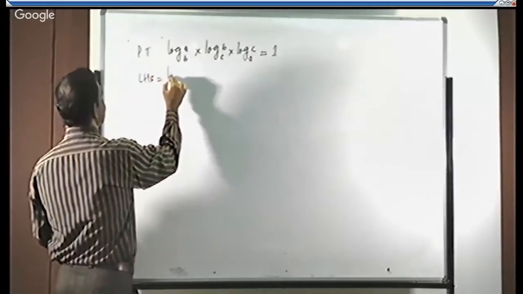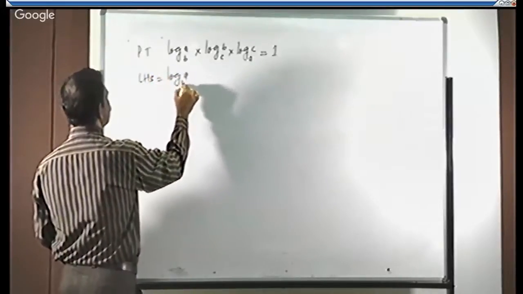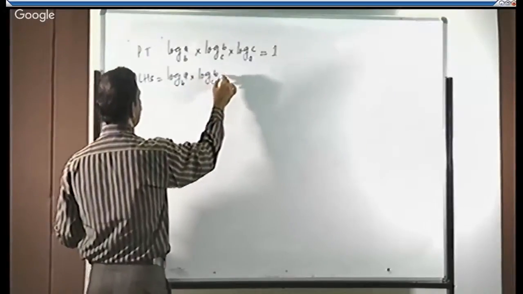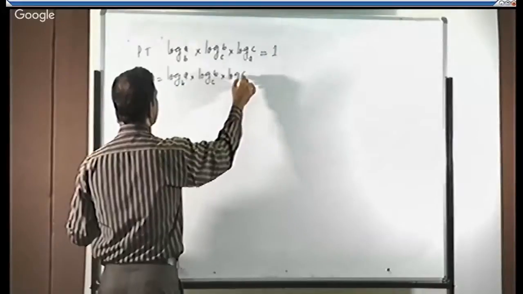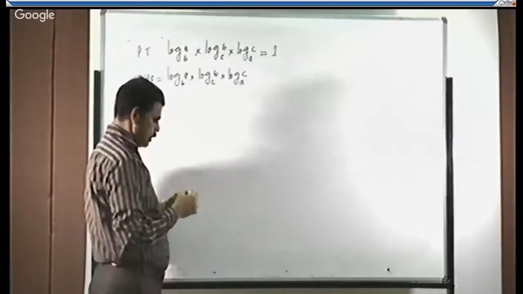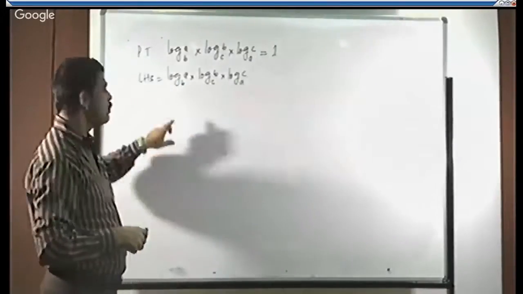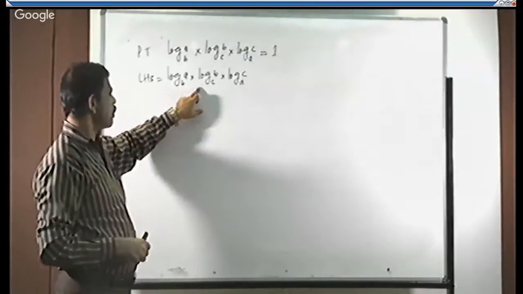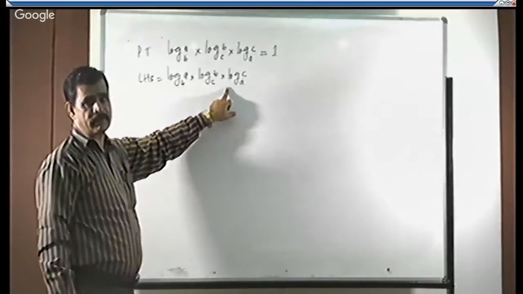Let us take the left hand side. Log of a to the base b into log of b to the base c into log of c to the base a. You see, each term has a different base, right?